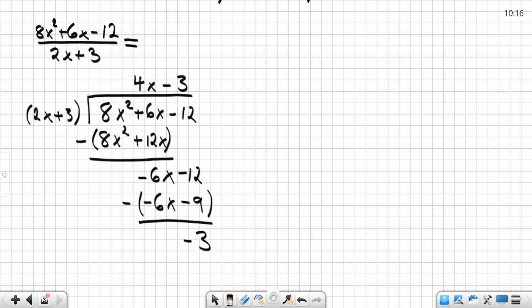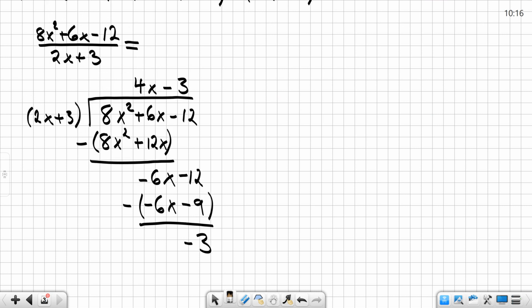So, that means now that 8x squared plus 6x minus 12 divided by 2x plus 3 is equal to the quotient 4x minus 3 plus the remainder negative 3 divided by 2x plus 3.